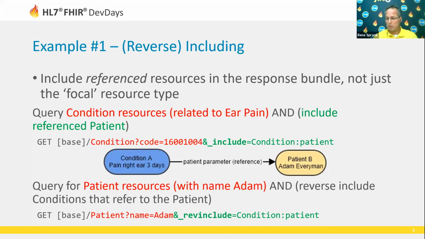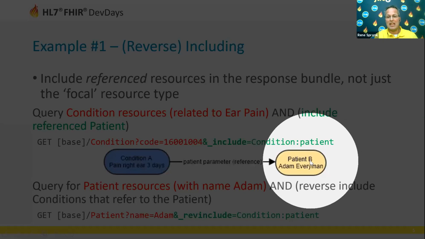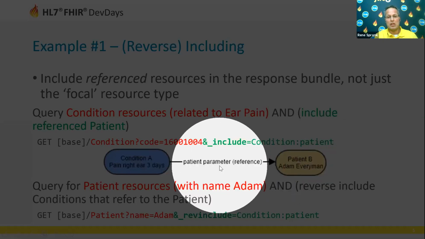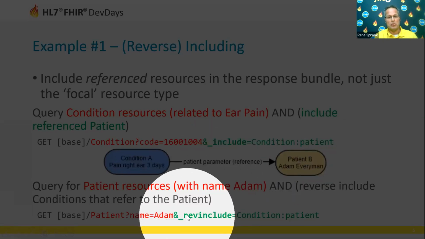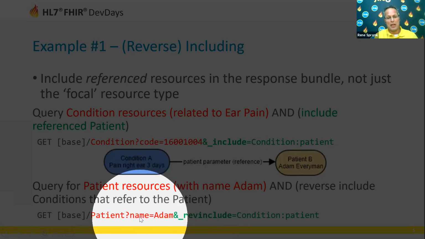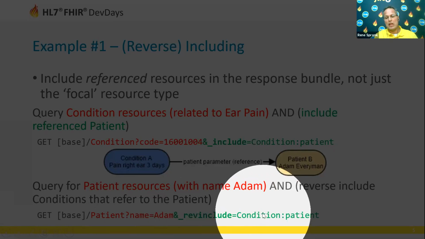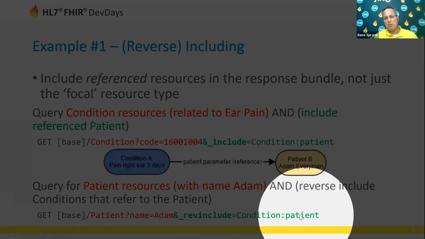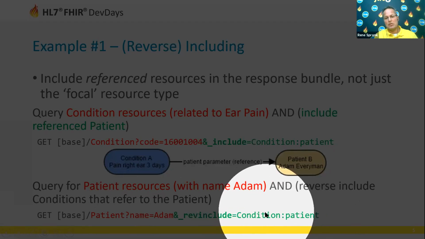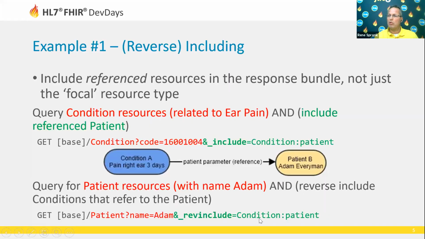Our starting point is the patient, and we're going against the direction of this reference, which means we use a reverse include: give me all patients with name Adam, and reverse include all conditions that have a link. This is the name of the search parameter again, that's defined for condition. So in this case, give me also in my response bundle all conditions that reference that particular patient with name Adam, according to our search criteria.